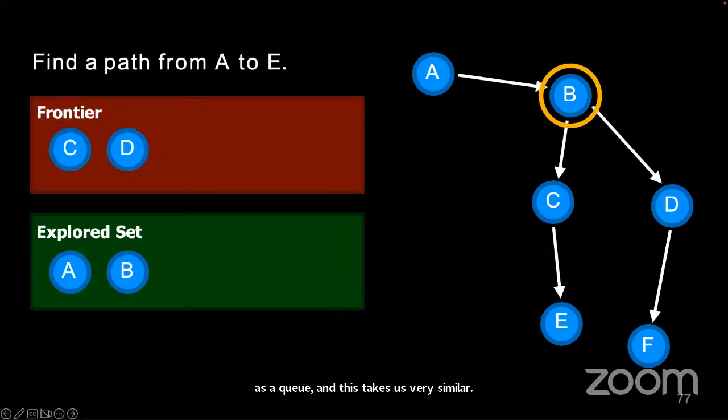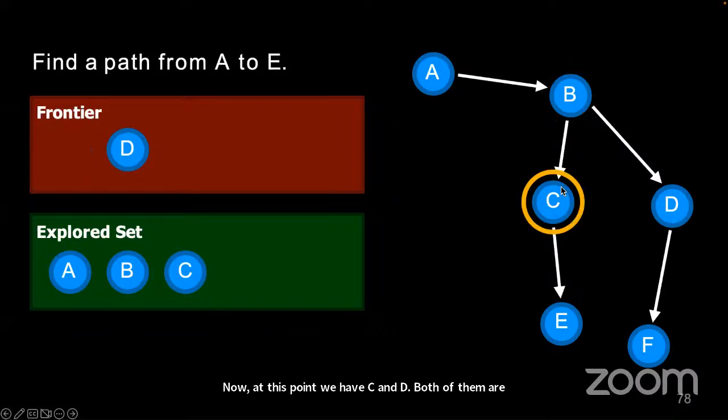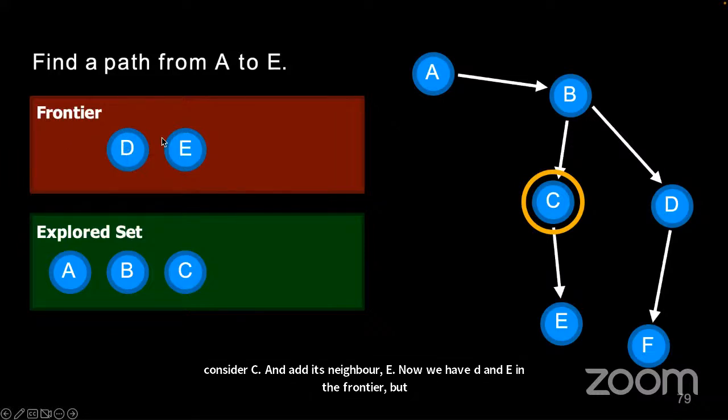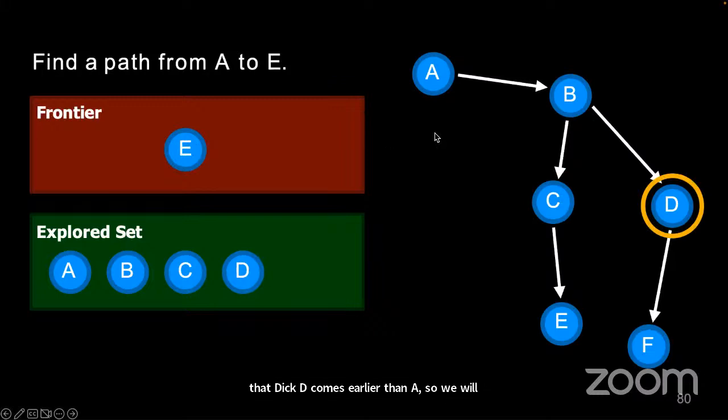Now at this point, we have C and D. Among them C comes first, so we consider C and add its neighbor E. Now we have D and E in the frontier, but D comes earlier than E, so we will consider D first and add its neighbor F. We will see that F is not the goal state.